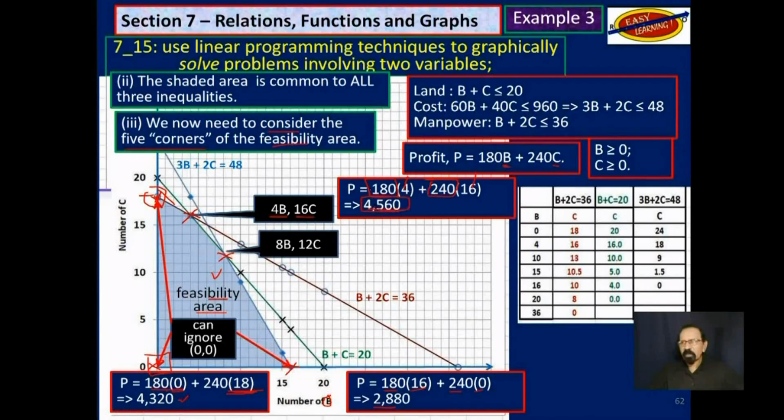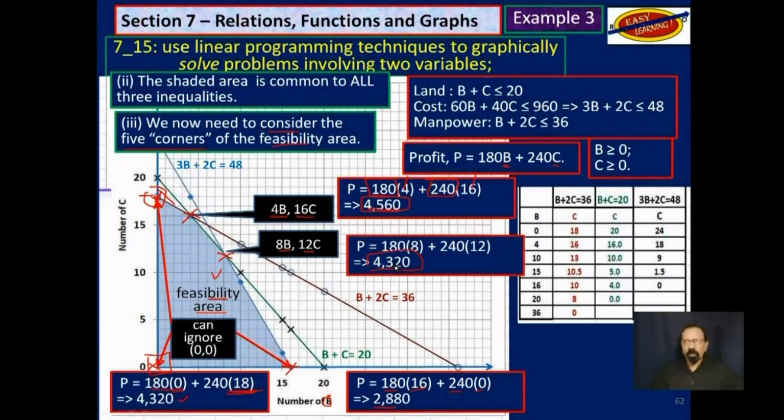And then let's consider the other one, 8 barley and 12 corn. And now we get $4,320. So that is even less than the last one we were looking at. So our answer will be 4 hectares barley and 16 hectares corn. That is our best option.